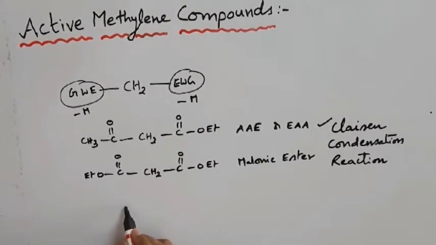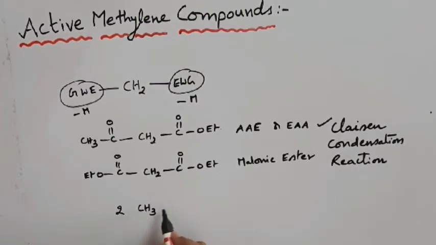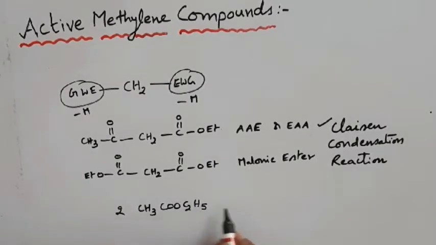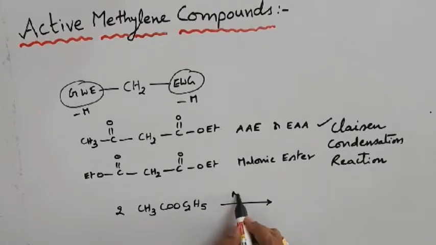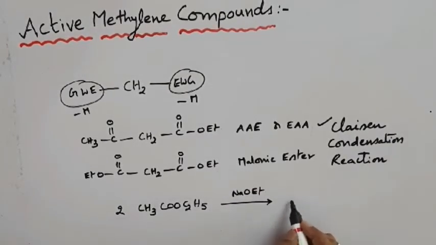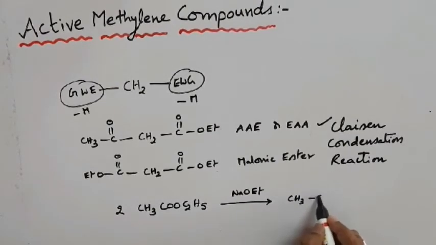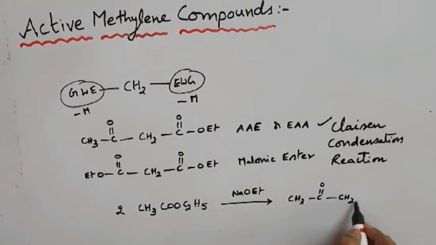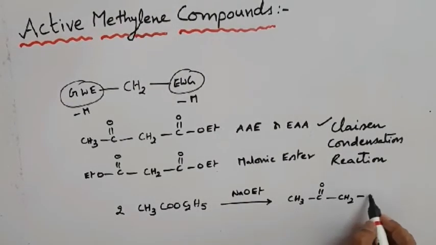I am taking here, for instance, 2 molecules of ethyl acetate, CH3COOC2H5. I am treating them with a strong base, namely sodium ethoxide, NaOEt. Then I am going to get the end product as ethyl acetoacetate, which is also called as acetoacetic ester.